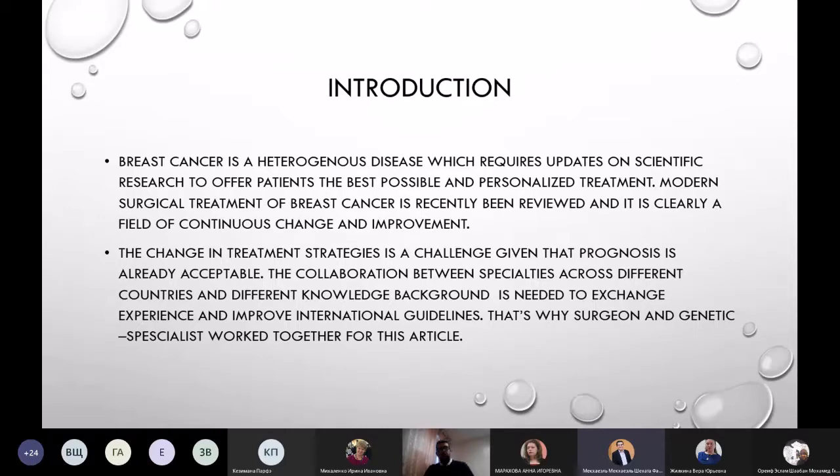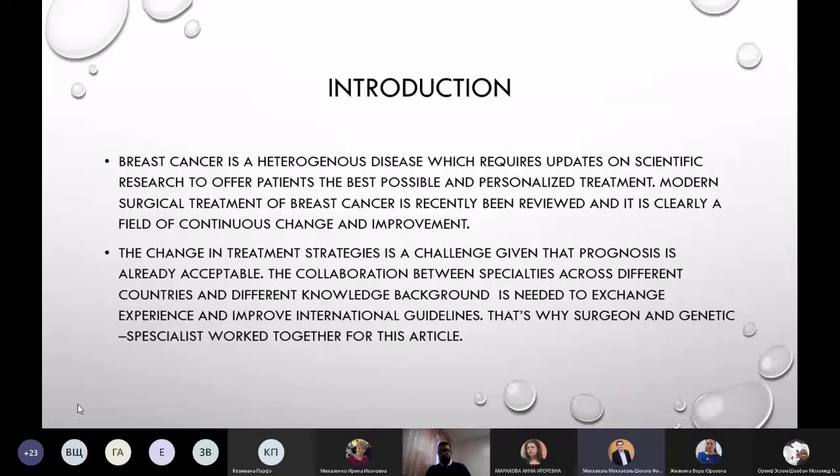So at first, we talk about the introduction. Breast cancer is a heterogeneous disease which requires updated scientific research to offer patients the best possible and personalized treatment. Modern surgical treatment of breast cancer has recently been reviewed, and it is clearly a field of continuous change and improvement.